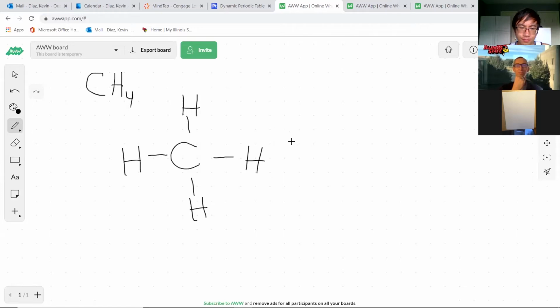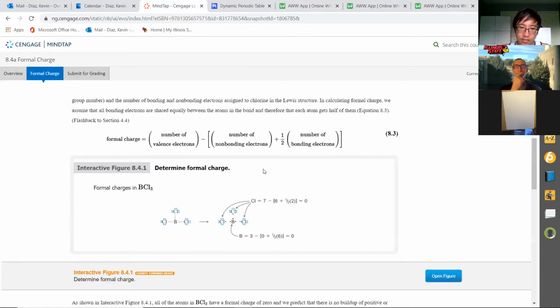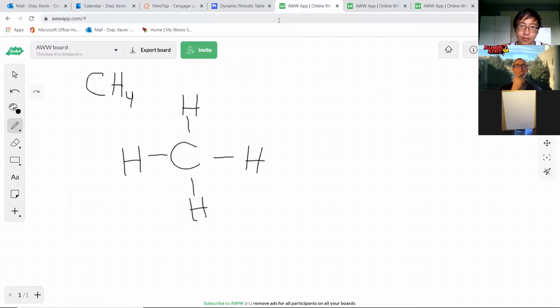And so with this correct Lewis structure for methane, if we were to do the calculations in the textbook, we would have to go through a bunch of brackets. You have to throw in a half somewhere in that equation. And it can be kind of confusing and kind of stressful, especially in an exam setting where you have a time crunch.